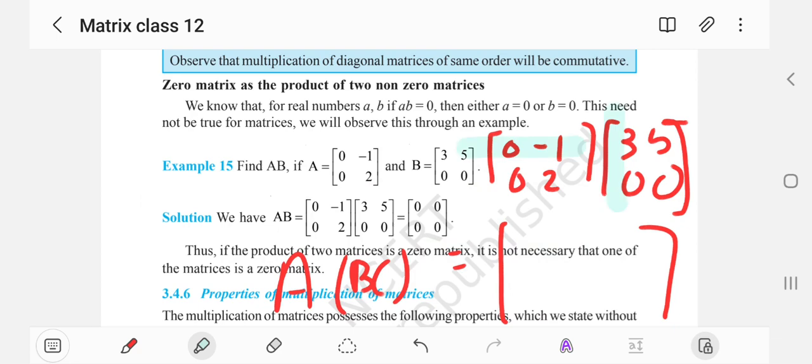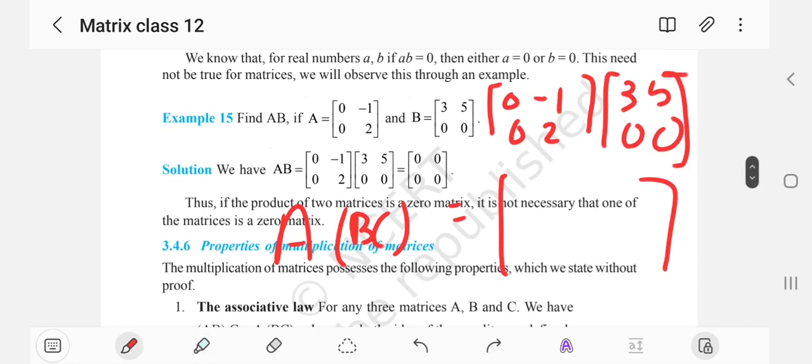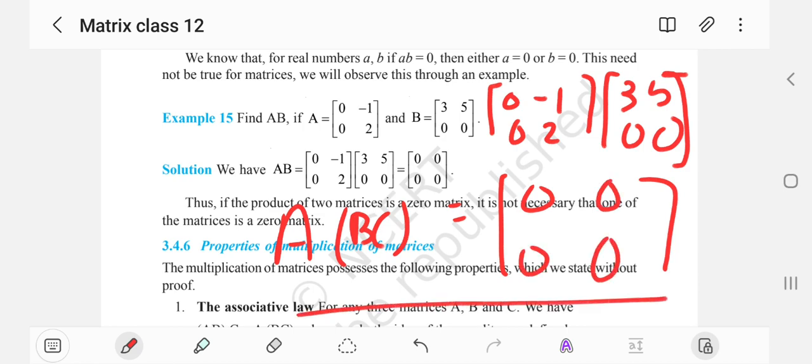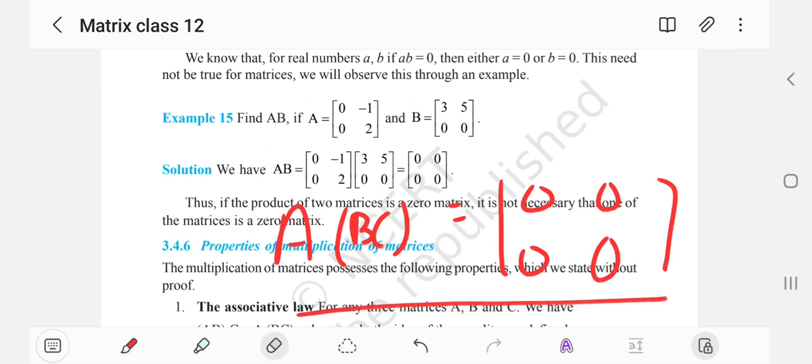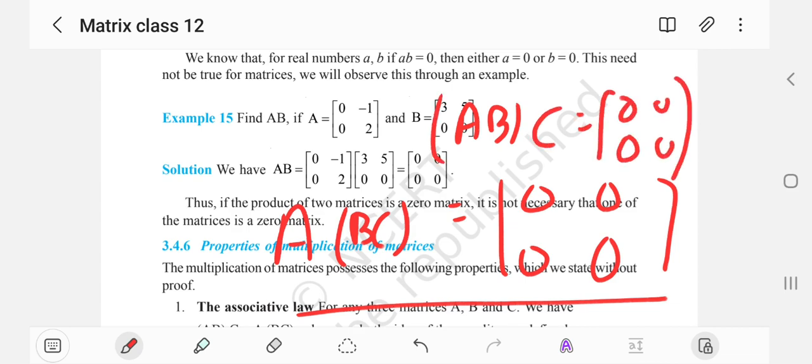This row and this column, then this row, this column, this row, this column, and this row, this column. I hope it is clear to you. If I multiply it, what will I get? This becomes 0, so it becomes 0, 0 and 0. This is my A times BC, and if you remember, my AB times C was also the same matrix, 0 0 0 0.